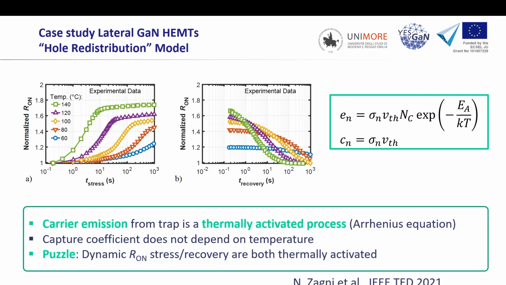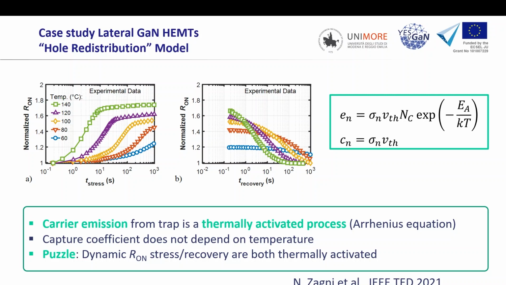So you apply a large voltage on the drain terminal, and then you keep your device turned off, below threshold, and you see that the on-resistance is increasing, and this effect is accelerated by temperature. Sorry, and then also your recovery, where you keep a very low voltage on both the gate and the drain, is accelerated by temperature.